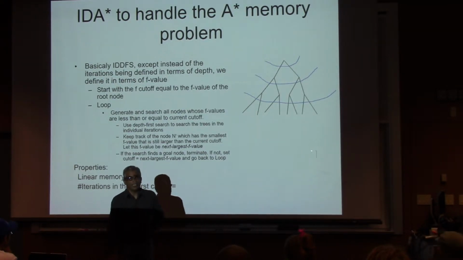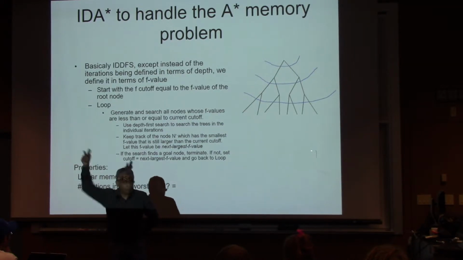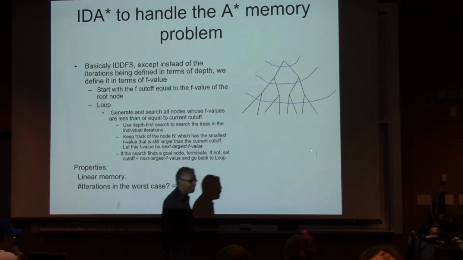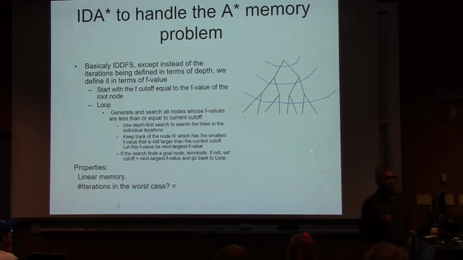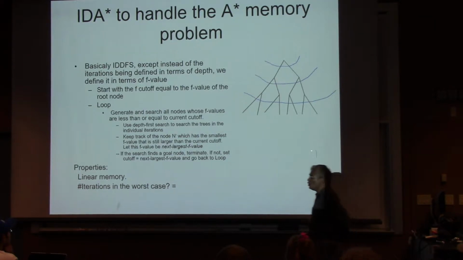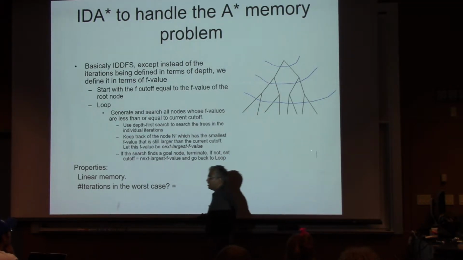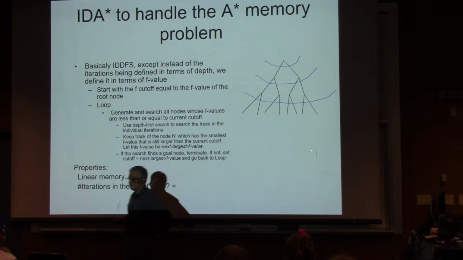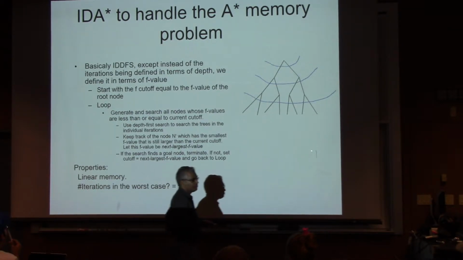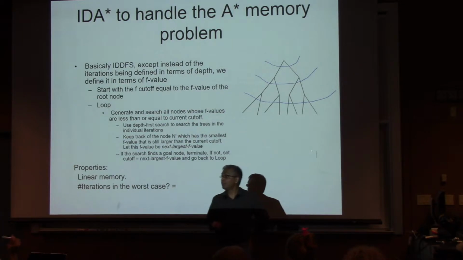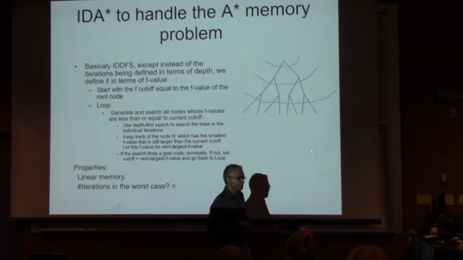IDA-star search too should have some sort of a contour. What would be the contour depth for IDA-star? What is the equivalent to the depth in A-star search? The F value.